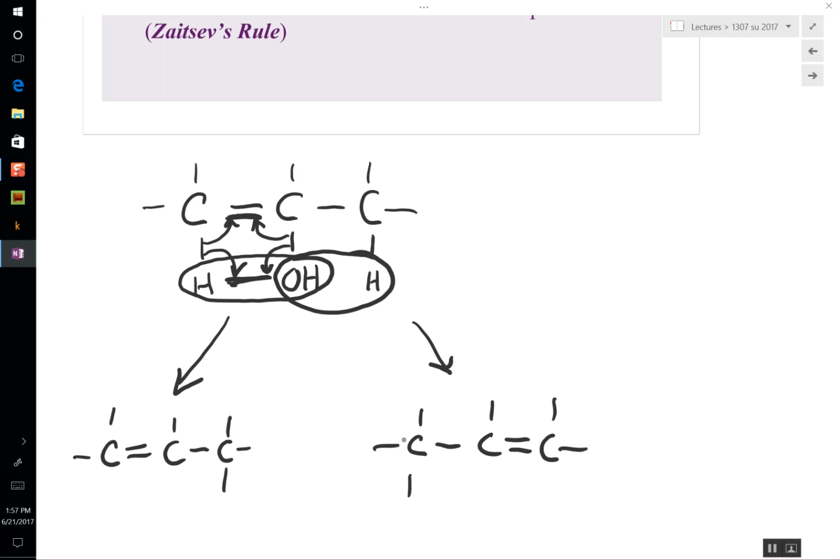So although in this particular situation, we don't really know which hydrogen it took, or actually, half the time it could take that one off to its right, half the time it could take the one off to its left, but we get the same product. We get a double bond on the end and a methyl, so a 3-carbon long alkene. So Zaitsev's rule is we don't even have to think about it here. There's only one possible product.